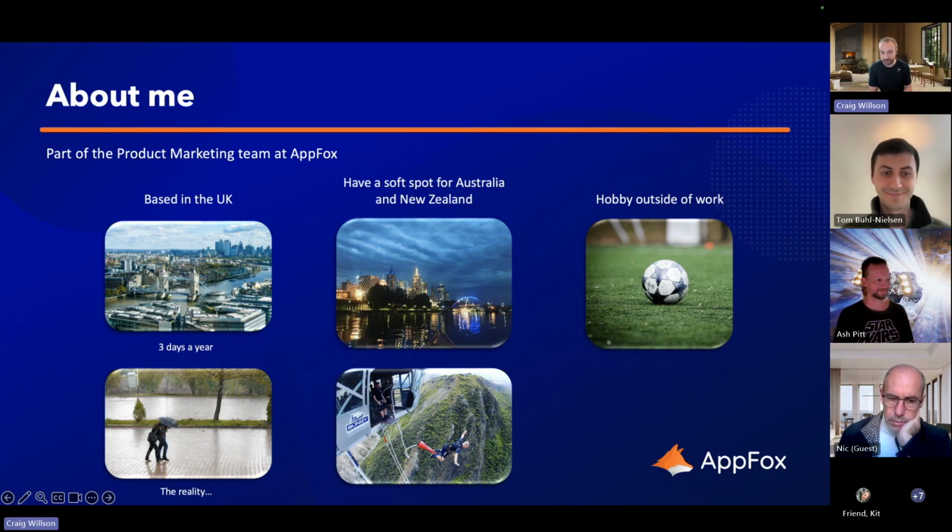As many of you will already know, it is very much like the second picture, raining all the time, very grey and gloomy. But I have a very, and this isn't just lip service, the fact that I'm joining the ACE Brisbane, but I have a very soft spot for Australia and New Zealand, because I spent a significant amount of time there when I was traveling, and I also lived in Melbourne for a while. So those two photos are actually my own.